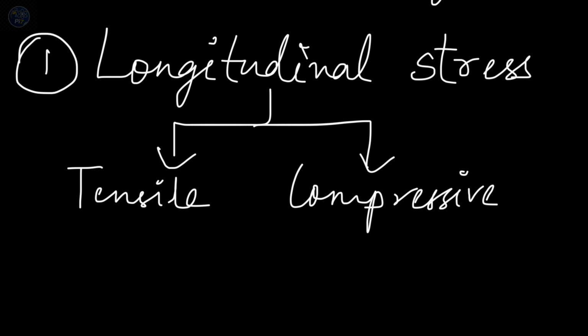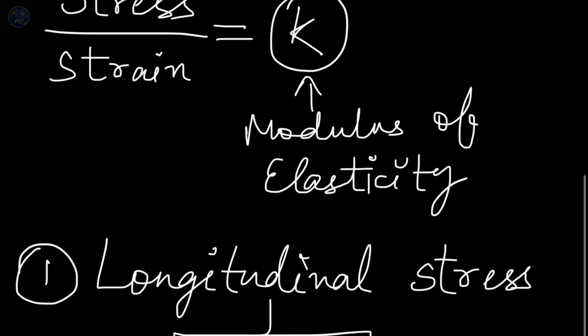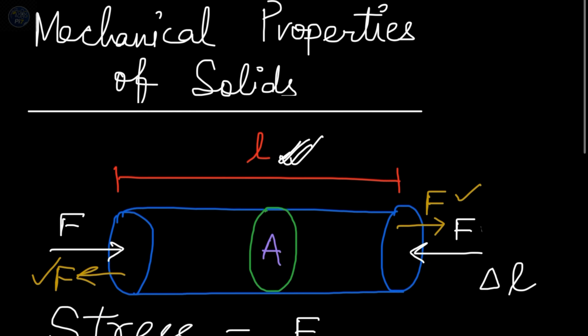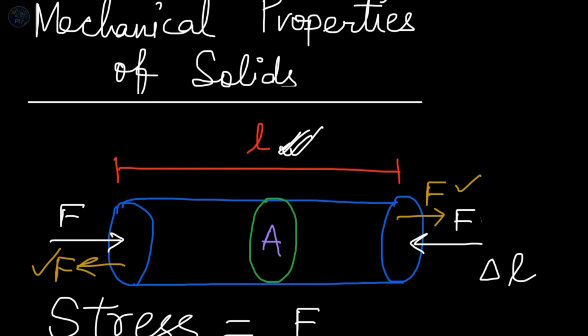In the steel rod example, our rod is under longitudinal stress. We are trying to compress the rod, or we are applying forces perpendicular to the cross section of the rod. Whenever you apply force perpendicular to the cross section of the rod, the stress developed in the rod is longitudinal stress. Okay.